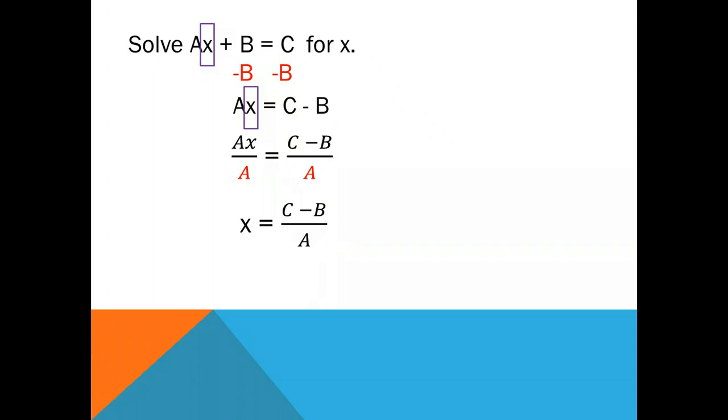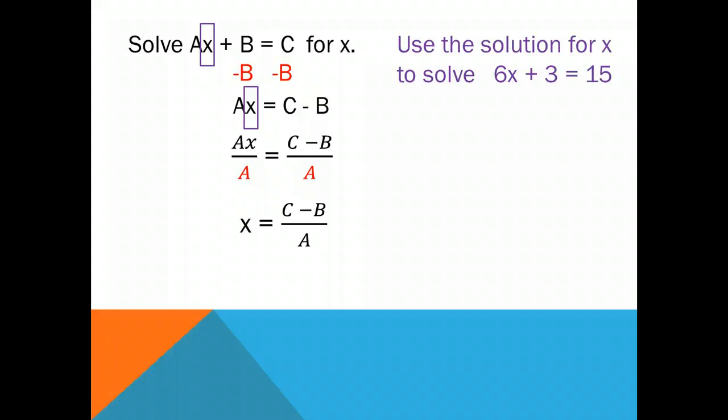Now sometimes this is really helpful when we go to solve a problem. Not necessarily for a problem this simple, but if we're going to use the solution for x, in other words, x is c minus b over a, to solve the problem 6x plus 3 equals 15, then the first step is to identify what your a, b, and c are.